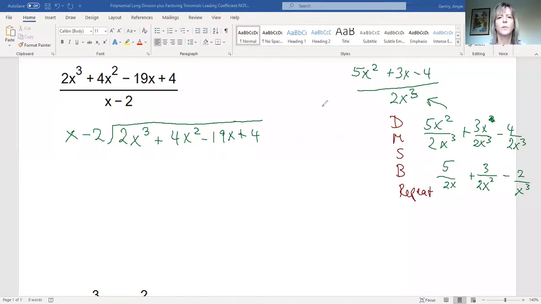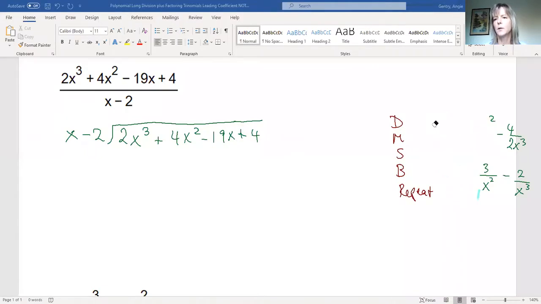This is like you dividing numbers without a calculator where you had to do long division. So the first thing is divide and then multiply and then subtract and then bring down.